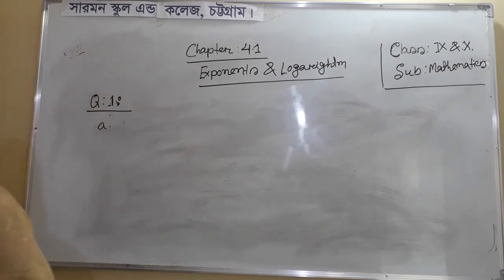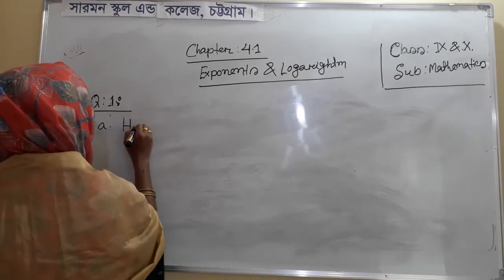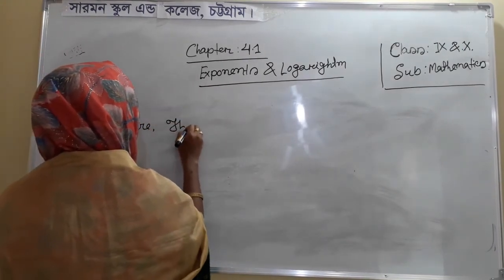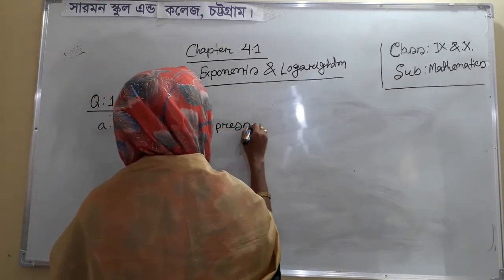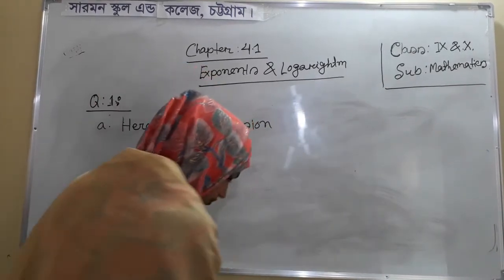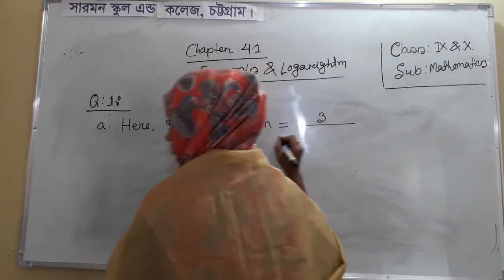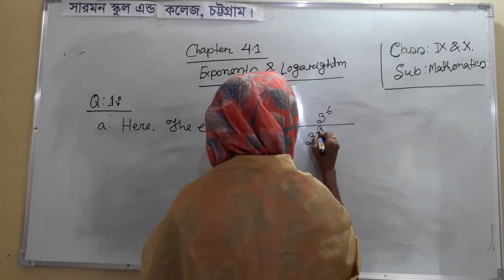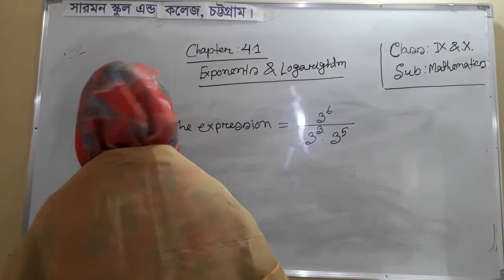In question A, we have to find out the value of the first expression. Here the first expression equals 3 to the power 6 divided by 3 to the power 3 into 3 to the power 5.